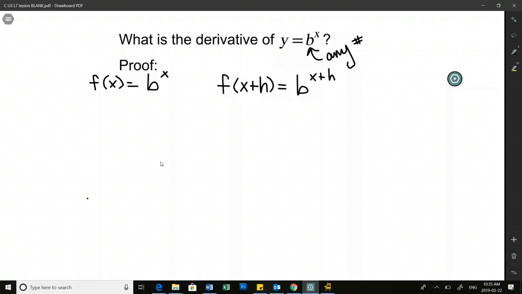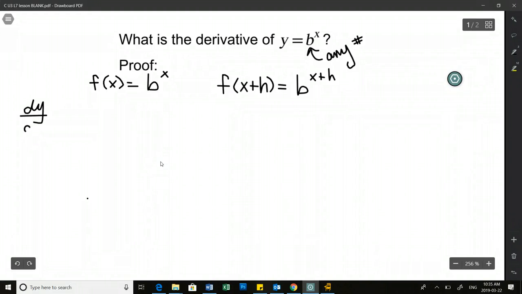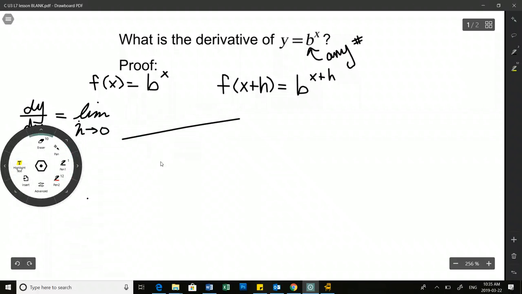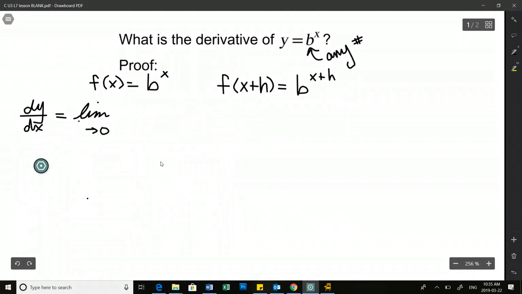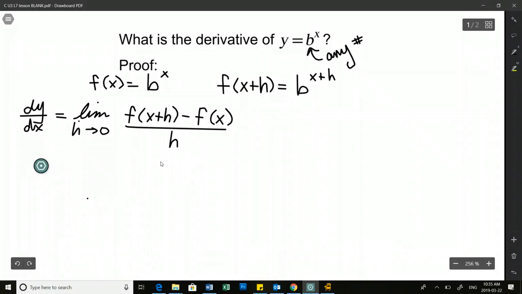Okay, so as we use Newton quotient, this is going to help us find the derivative. So it's the limit as h approaches 0 of f at x plus h minus f at x, all over h.